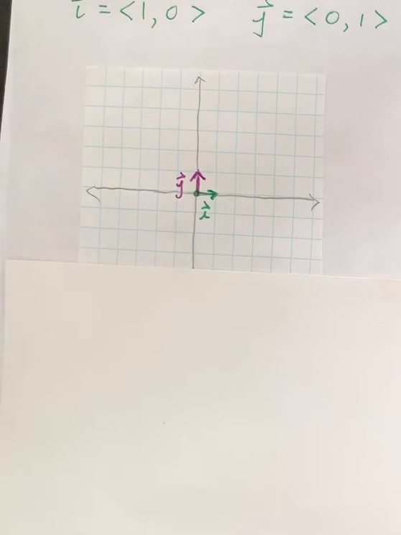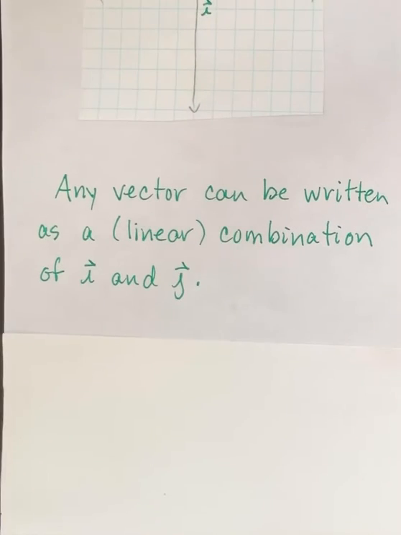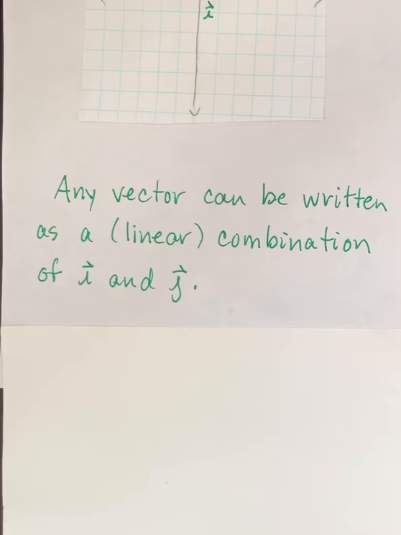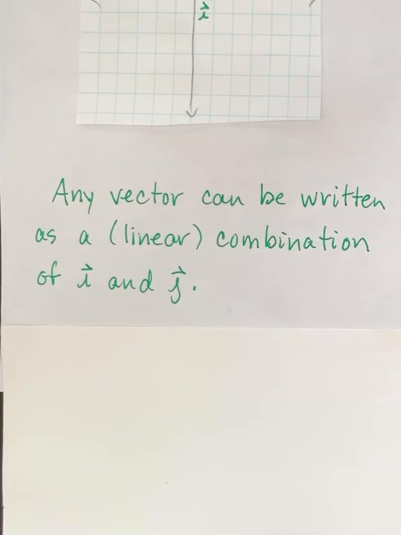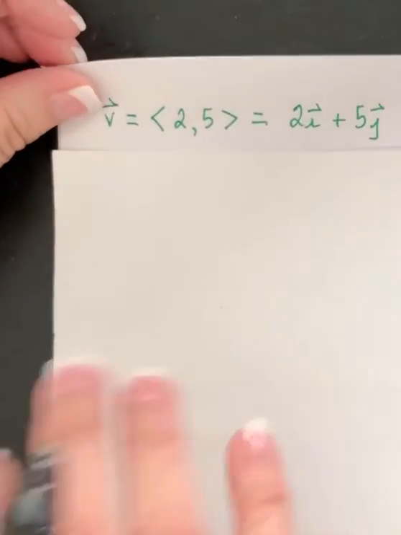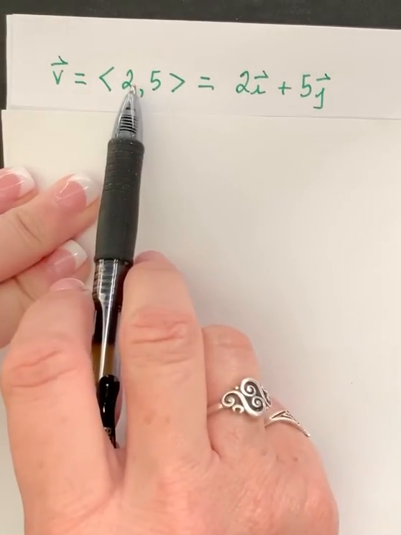And all other vectors can be described using i and j. Any vector can be written as what we call a linear combination of i and j. So for example, the vector 2, 5, right? This is written in component form.